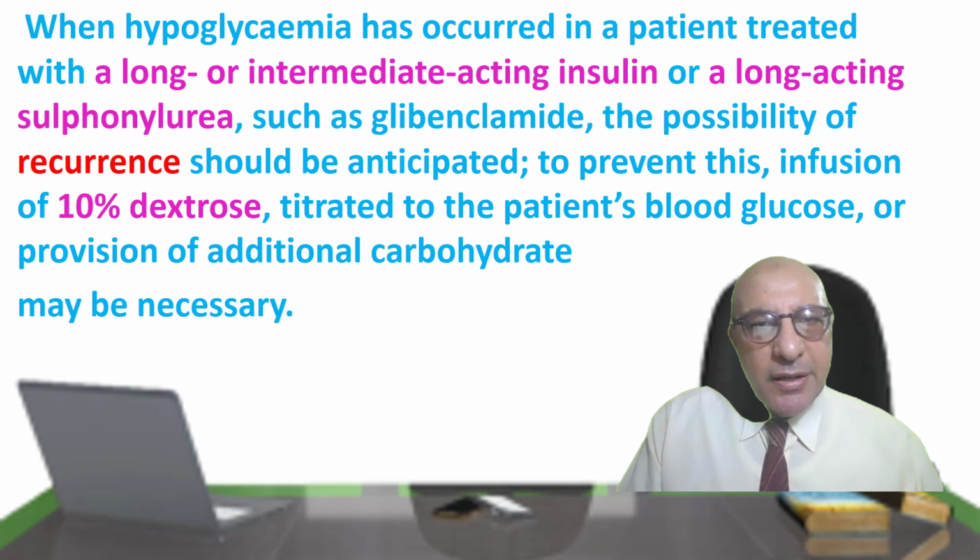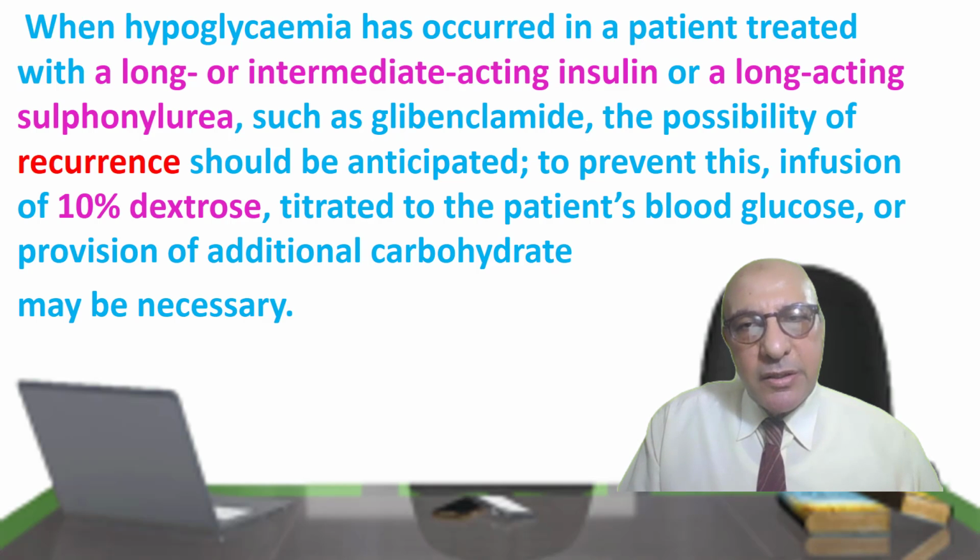The other important thing here is that when hypoglycemia has occurred in a patient treated with long-acting or intermediate-acting insulin or a long-acting sulfonylurea like glibenclamide, the possibility of recurrence should be anticipated. Why? The drug is slowly released in the body. The patient developed hypoglycemia, you give treatment, the patient recovers, the drug is still in the body and will still be released, and if you do not sustain blood sugar for a longer time, the patient can have recurrence of hypoglycemia.